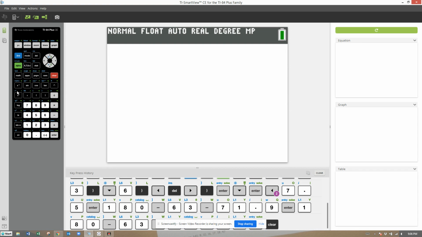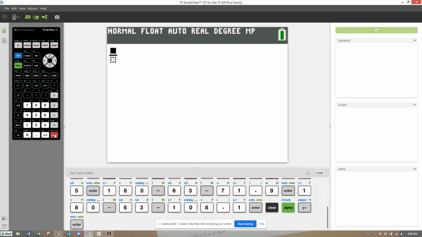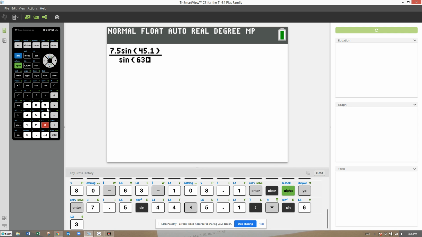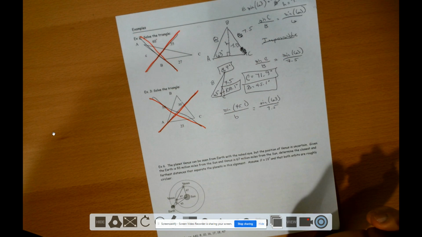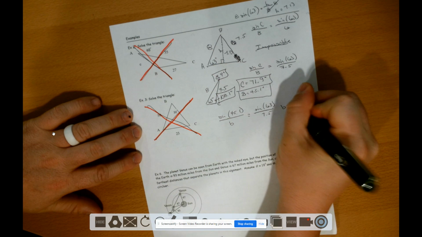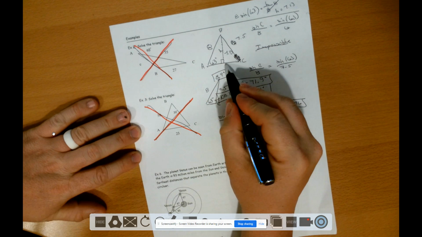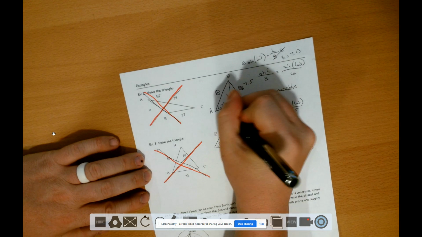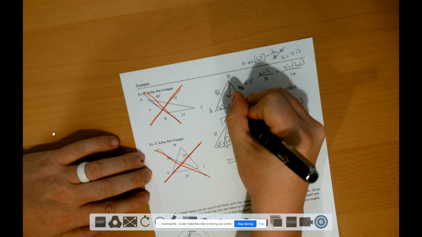So we've got 7.5 sine of 45.1 divided by the sine of 63. I'll hit enter, and my B is 5.96 for my top triangle here. I could do a little bit better job of organizing my data, but 5.96.